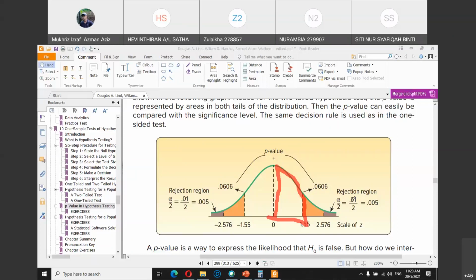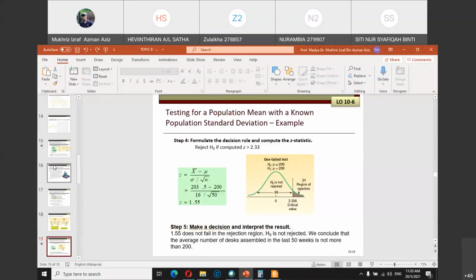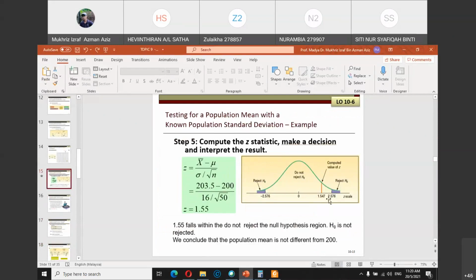The p-value can also change depending on whether you are using a one-tail or two-tail test. In this example, you recall that in the earlier part, we did a two-tail test, because the H1 sign is not equal to. If you're using a two-tail test, your p-value also needs to be divided by 2. Your calculated Z is 1.55.